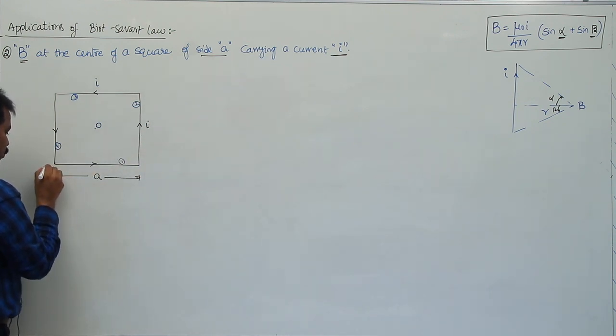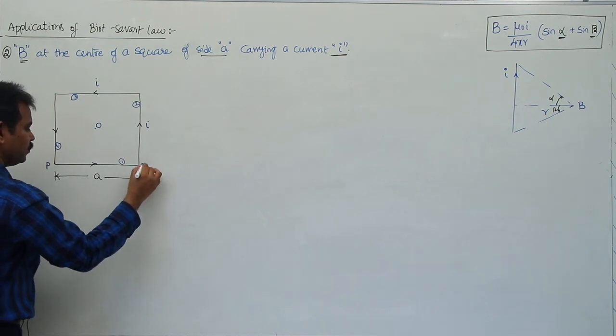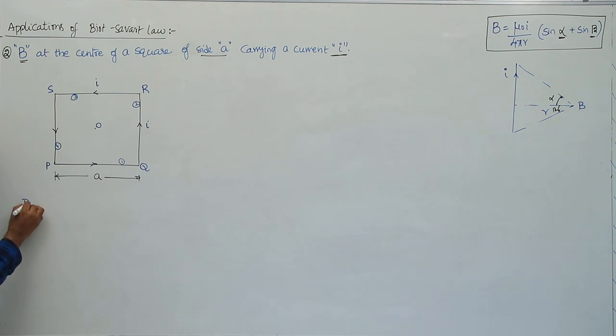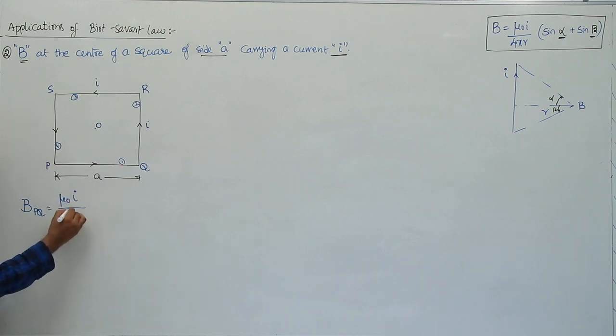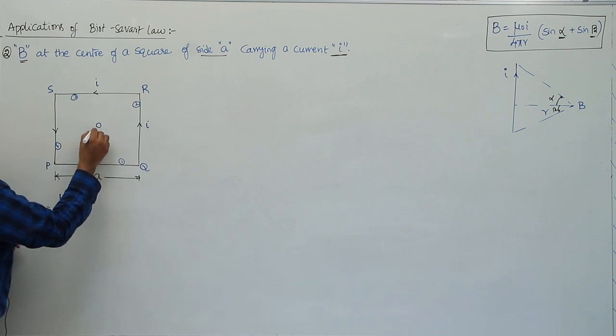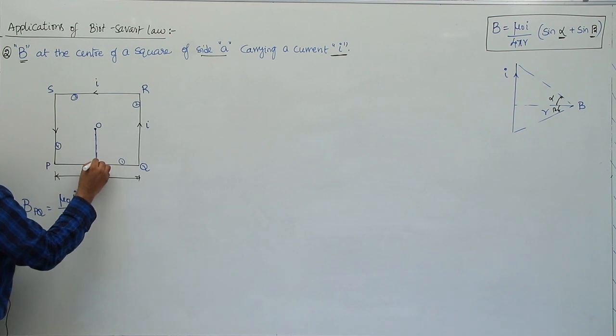Due to this side, I am going to take this as P, Q, R, S. So what is the magnetic field due to the finite wire PQ here? The formula is mu naught times the current flowing through this wire by 4 pi into the perpendicular distance from this center to this one. So I am going to extend and draw one line here. So this will become R.